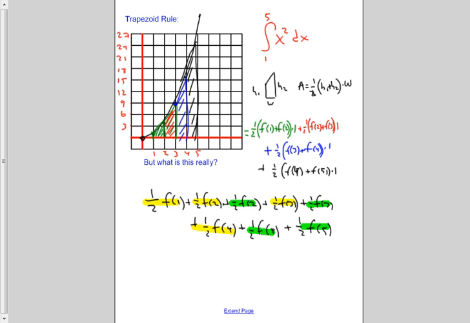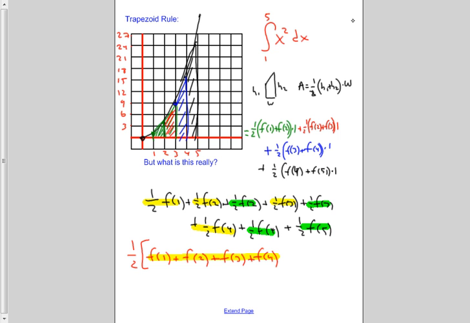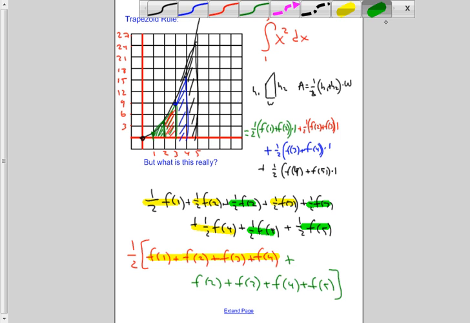What I end up getting, if I pull out 1/2, is 1/2 f of 1 plus f of 2 plus f of 3 plus f of 4. And those are all the yellow values. Plus f of 2 plus f of 3 plus f of 4 plus f of 5. And those are all the green values.